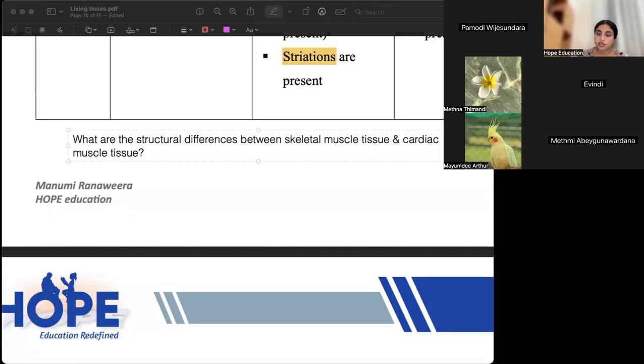Okay, no worries. Voluntary control is a functional feature, not structural. So yes, correct. Skeletal muscle tissue is multinucleated. Smooth muscle tissue is uninucleated. Anything else?